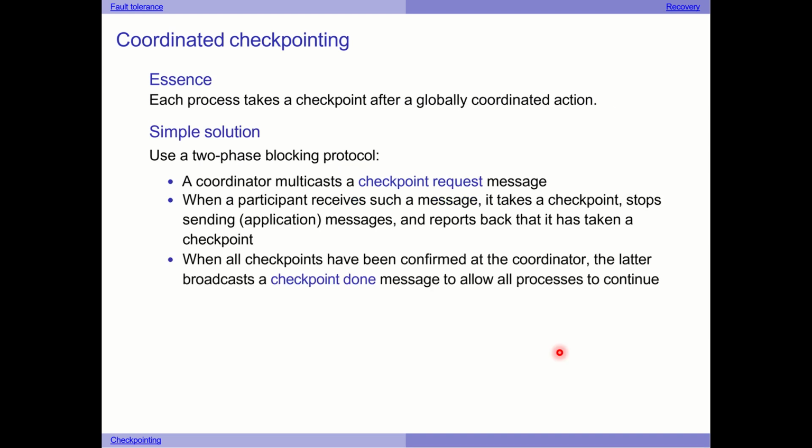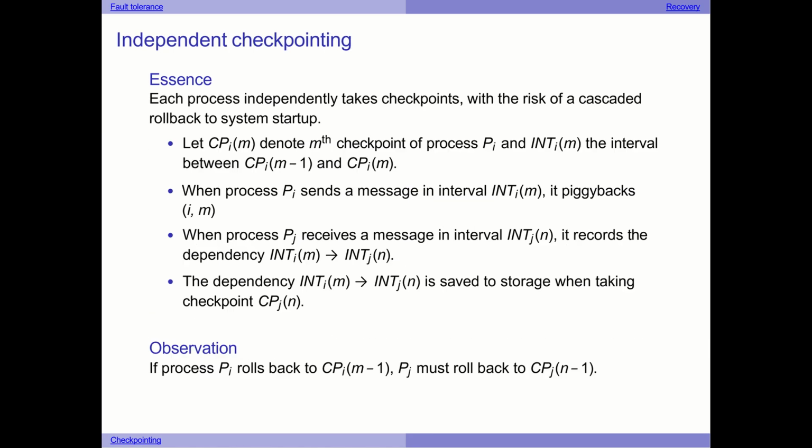So if one process fails and rolls back, the other process must be forced to roll back too. This is kind of tricky because the rolling back may go all the way to the beginning.